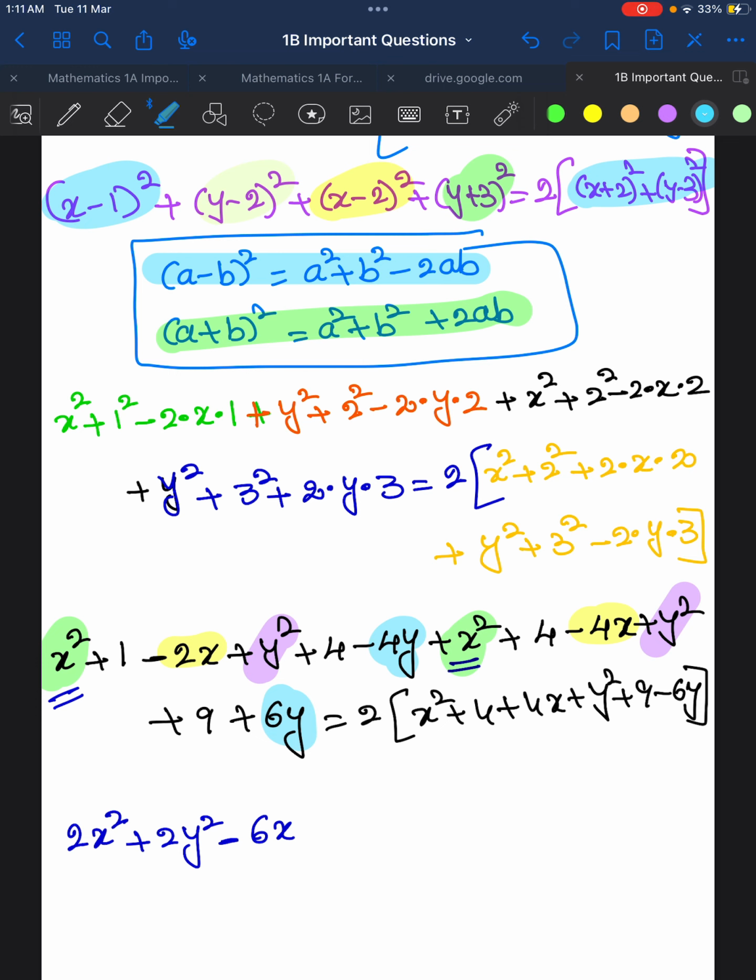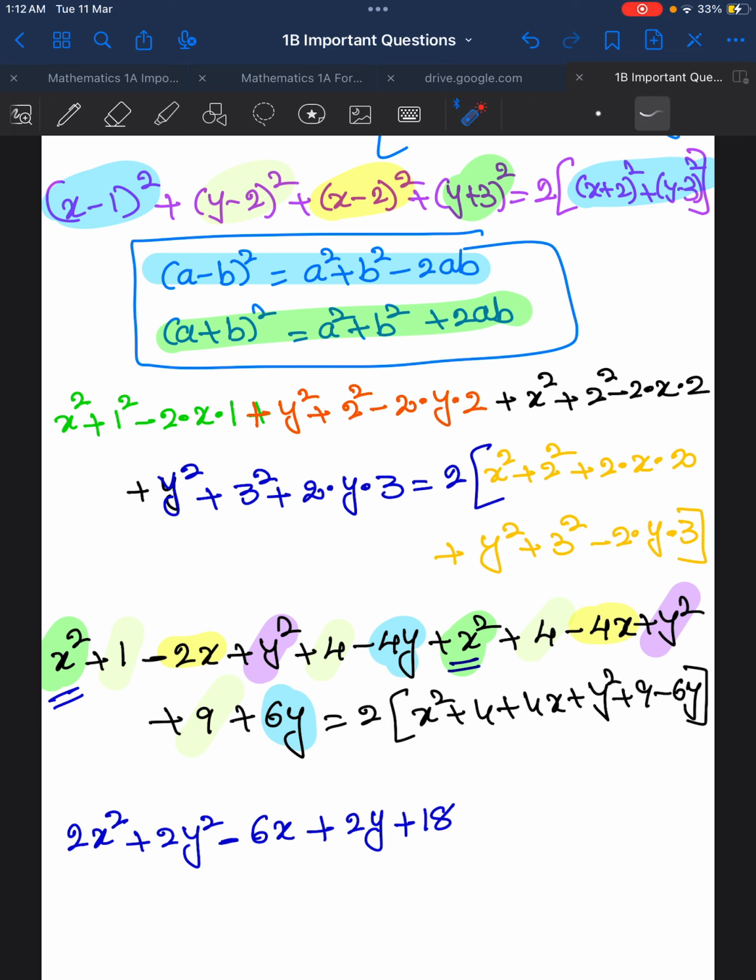Minus 4y plus 6y will be plus 2y. Now all of you check the numbers we are left with. We are left with the numbers plus 1, plus 4, plus 4, plus 9, 9 plus 9, 18. 18 is the number we got on the left side.